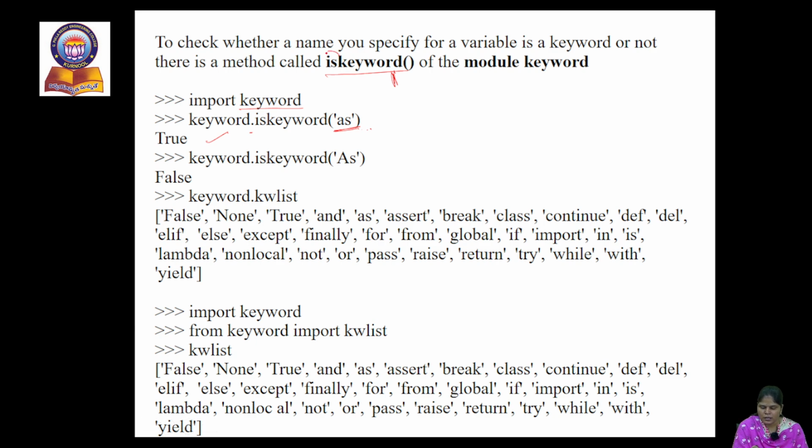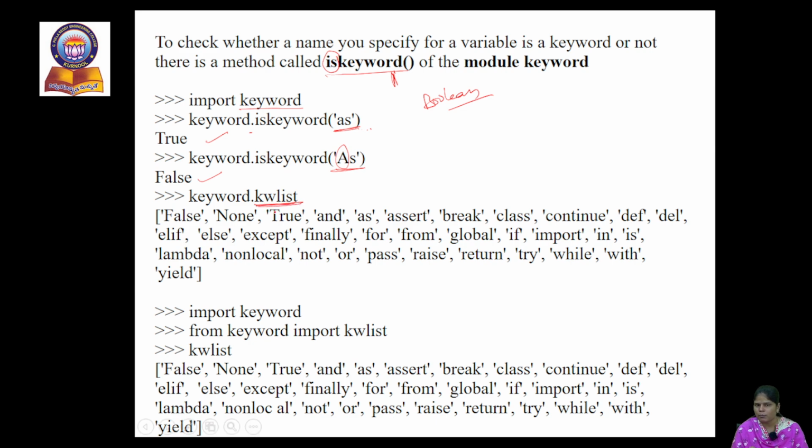Since it is an is method, it will return only boolean values, that means true or false, right? So keyword.iskeyword with a capital letter: is it a keyword? No, that's why it has returned false. Now if you want to list all the keywords available in Python, just use the property kwlist.